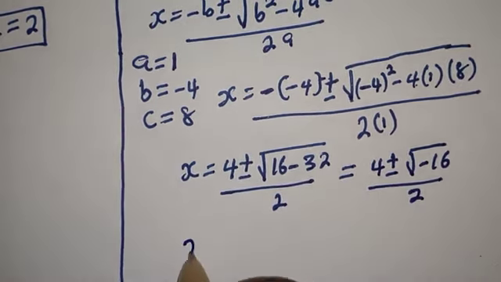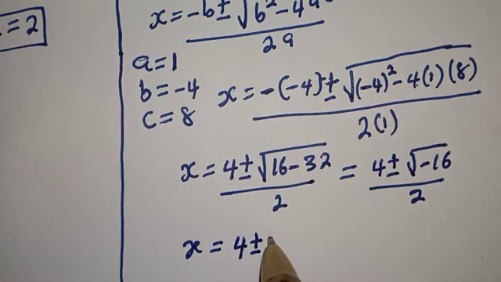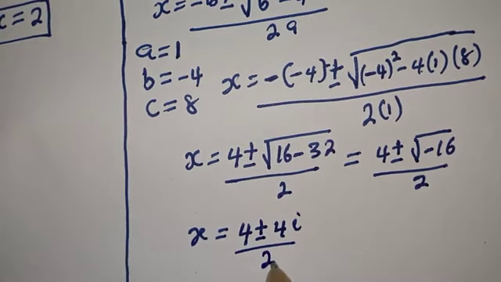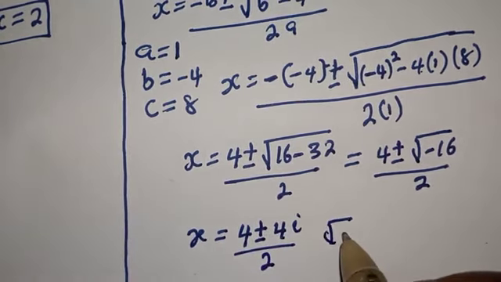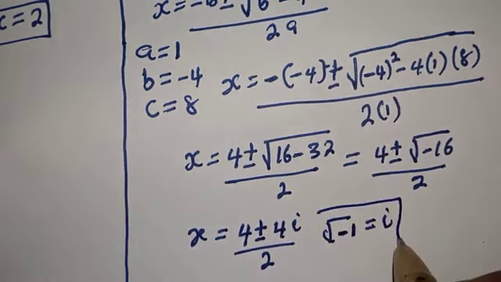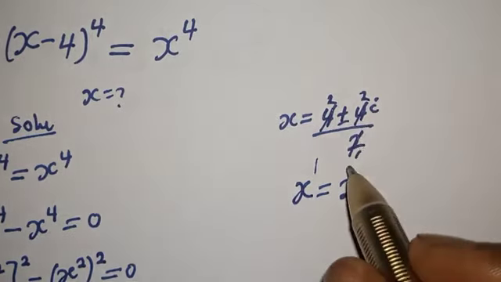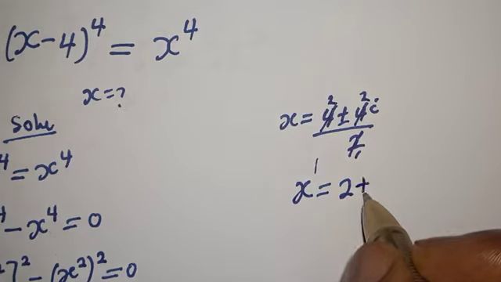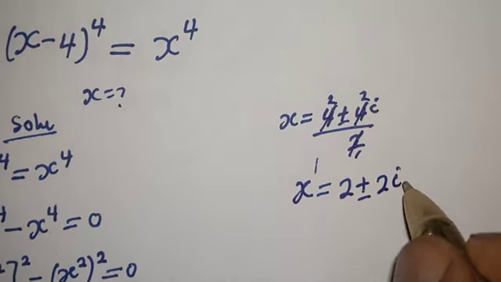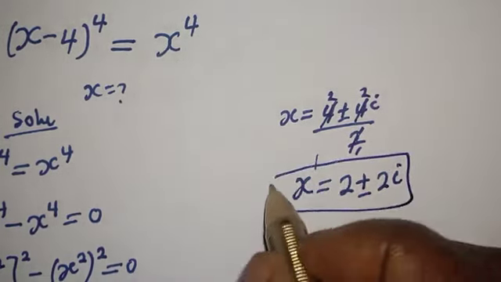Then s is equal to 4 plus or minus 4i over 2, because root of −1 is equal to i. And from here, 2 here 1, 2 here 2, and 2 here 2. s is equal to 2 plus or minus 2i.